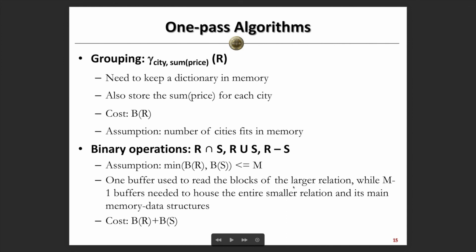In this way, for all the blocks in the larger relation, we can compare them with the smaller relation to calculate the intersection, the union, as well as the difference. The cost of these operations with a one-pass algorithm will be about B(R) plus B(S). We may have to store all the tuples of these two relations into memory. So this is the cost for implementing these operations with a one-pass algorithm.